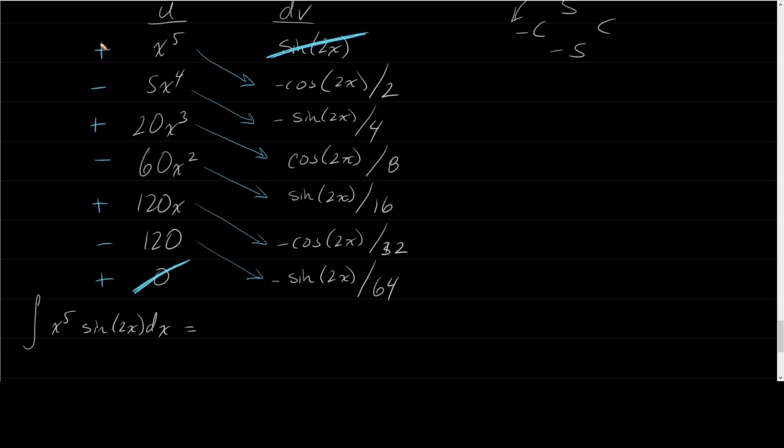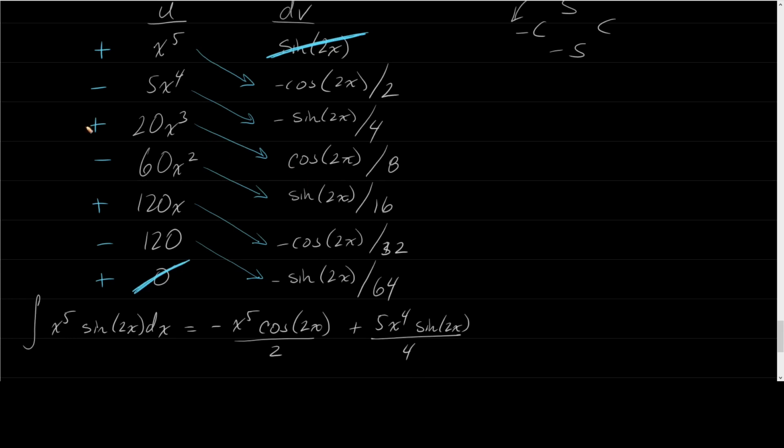The positive up here stays positive, so these two multiply by a positive, and I end up with negative x to the fifth times cosine of 2x over 2. Repeat, multiply these two, but make sure you apply this minus. Minus a negative becomes a positive, so plus 5x to the fourth times sine of 2x over 4.